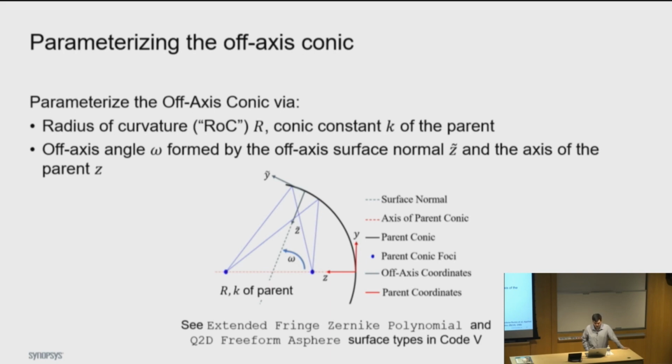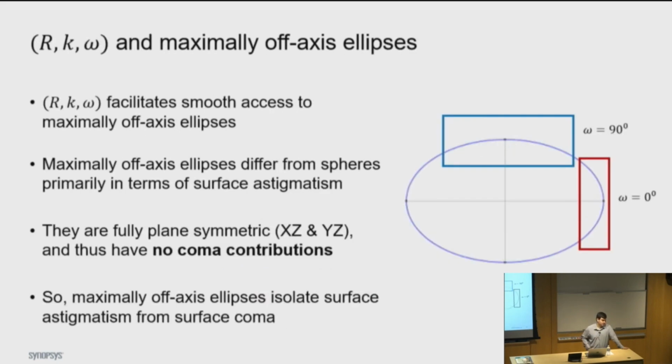This is an approach that I believe was started by Cardona and Núñez et al. in 1986, but it's also been implemented in CODE V in the extended Fringe Zernike polynomials and Q2D freeform aspheres in CODE V. And one of the reasons we're going to use this formulation is because it grants smooth and easy access to maximally off-axis ellipses.